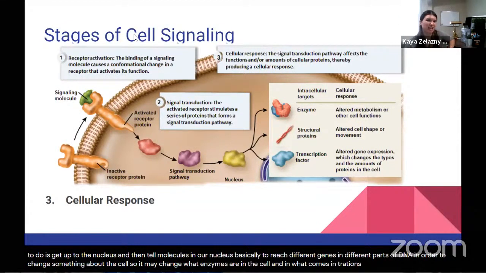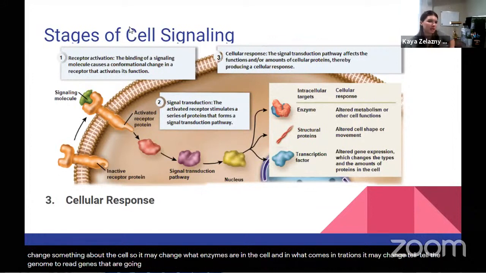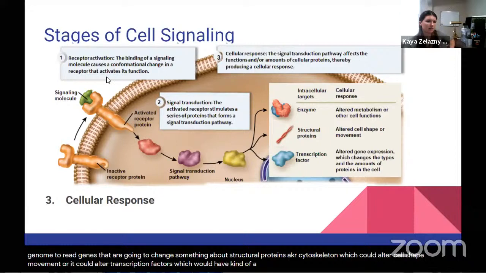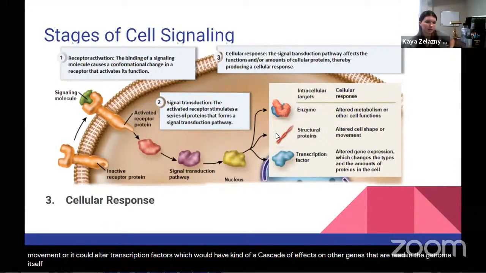It may tell the genome to read genes that are going to change something about structural proteins, aka our cytoskeleton, which could alter cell shape or movement, or it could alter transcription factors, which would have kind of a cascade of effects on other genes that are read in the genome itself.